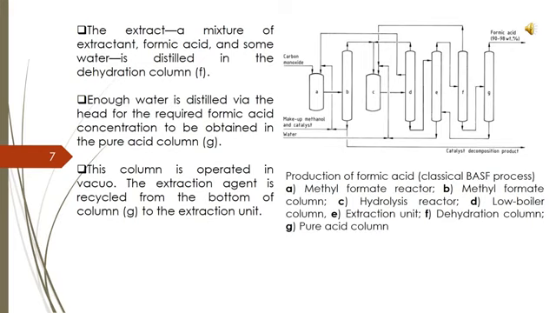Now, we have seen the extract, a mixture of the extractant and the formic acid in some water, is distilled in the dehydration column F. And then we have talked about the pure acid column G. From the dehydration column we have moved to the pure acid column.